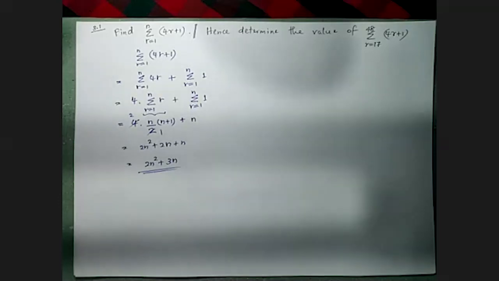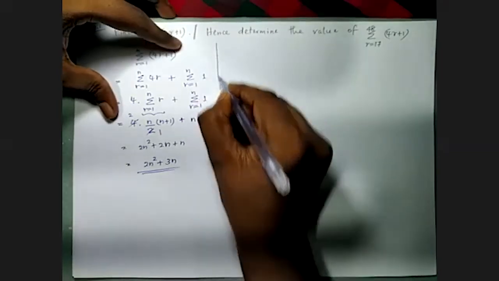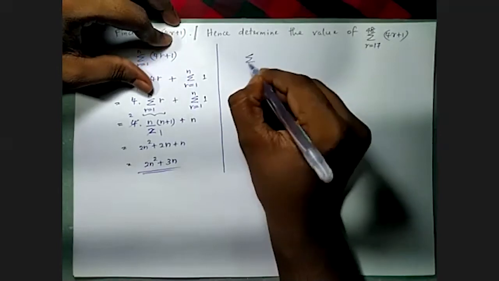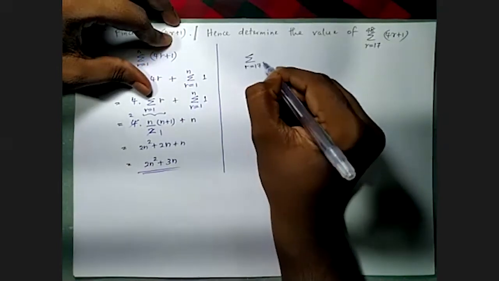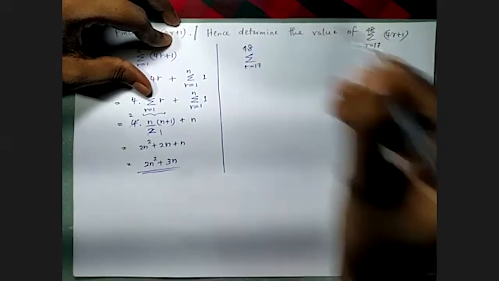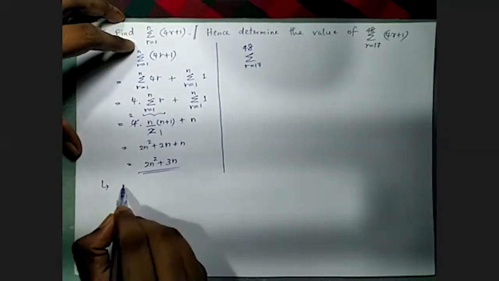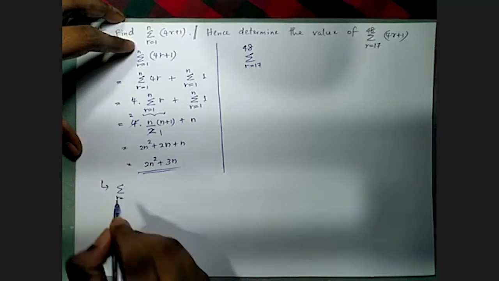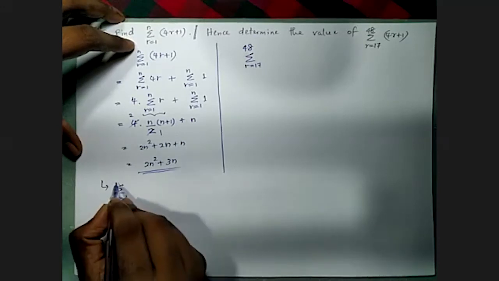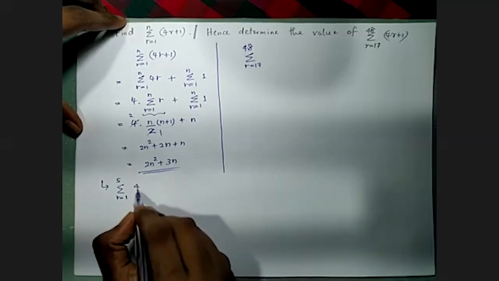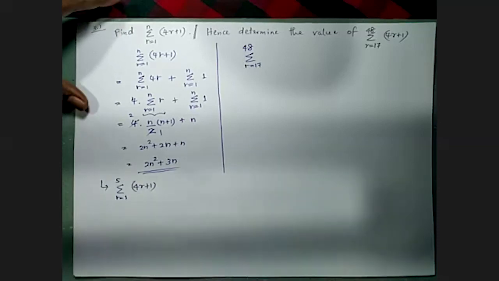Okay, got it? Okay, sir. Then the second part. Now the sigma notation is different. Here we have r equals 17 to 48. Before going to this one, let's say we had to find sigma r equals 1 to 5, same general term, 4r plus 1.